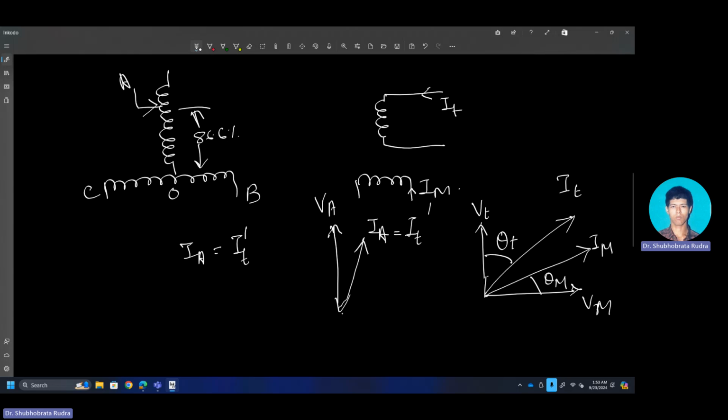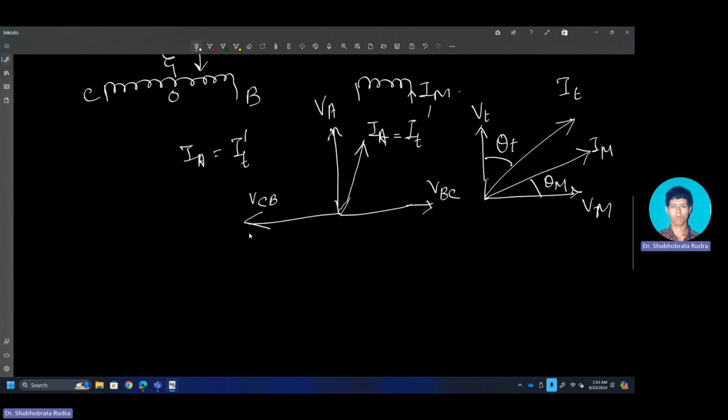Thereafter, you have this side PVC, this side PCB. Once you get PVC, you can draw IM dash, which is the reflected component.